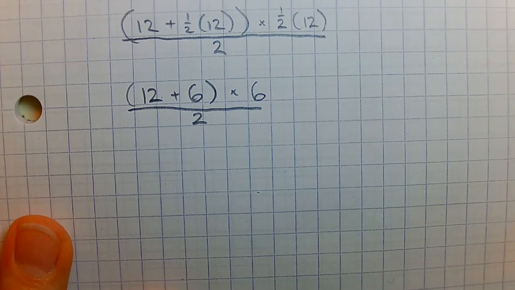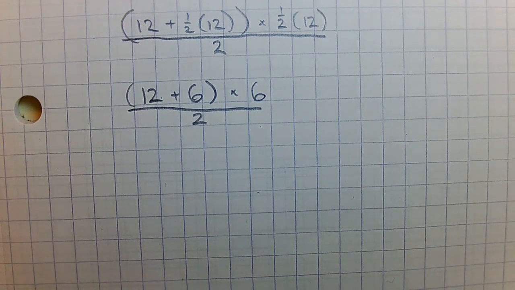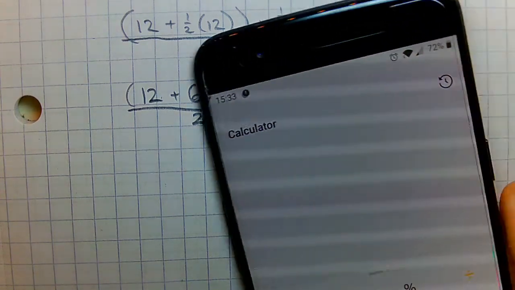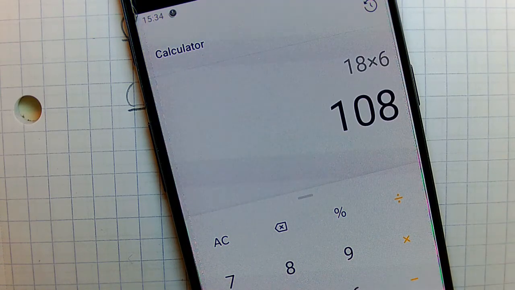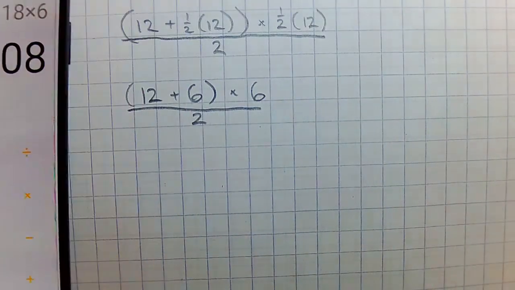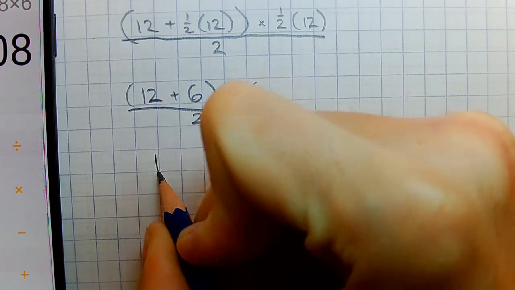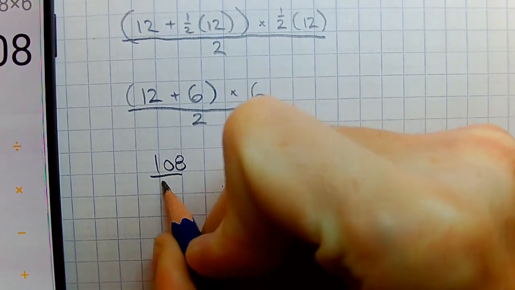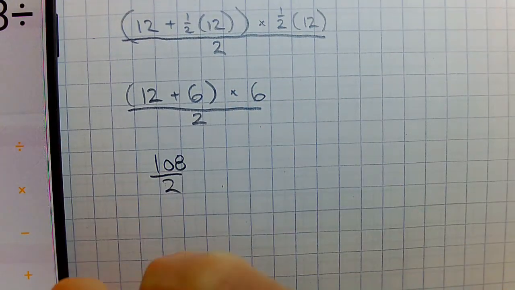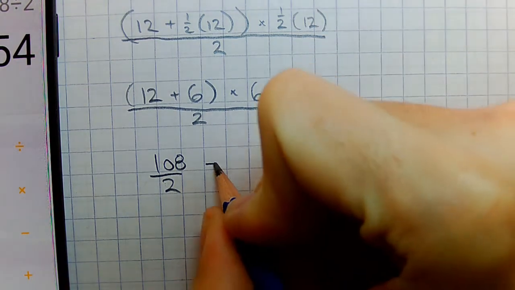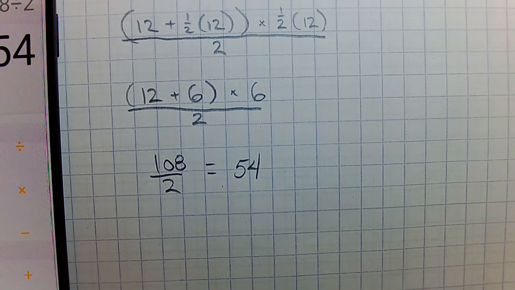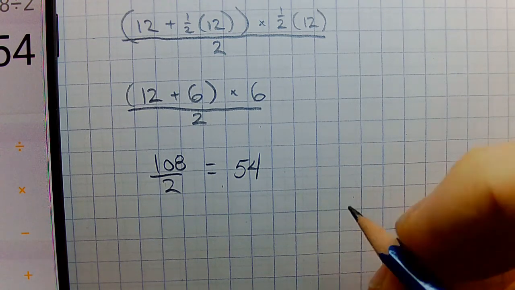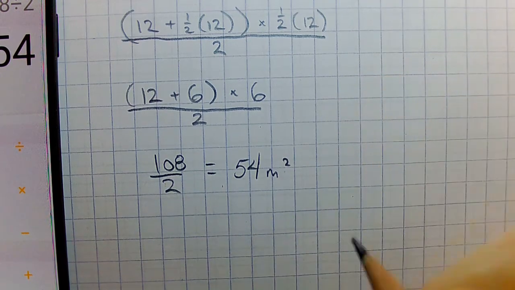So let's simplify the top a little bit more. 12 plus 6 gives us 18. And using our calculator, we can say 18 times 6 is 108. So I'm going to say that is 108 divided by 2. And performing that operation tells us, when y is 12, the area of our trapezoid is 54 meters squared.